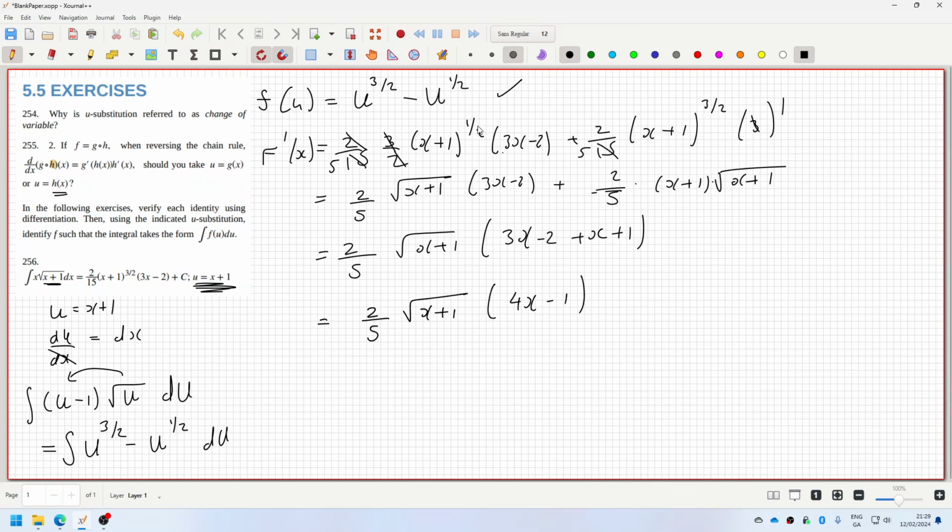Bring down the power, reduce the power by 1, multiply by 1, keep that the same, plus 2/15 x plus 1 power 2. And then the derivative there is 3. Have I made a mistake?